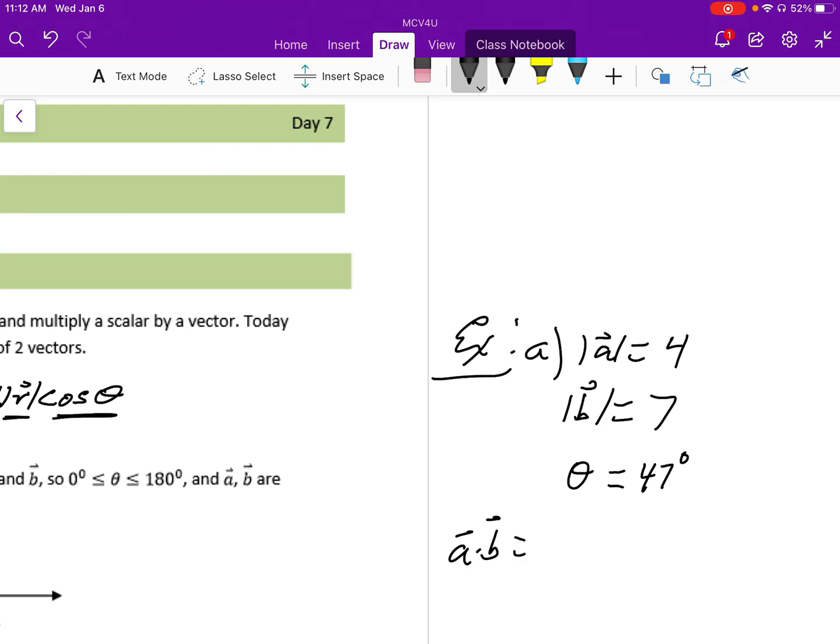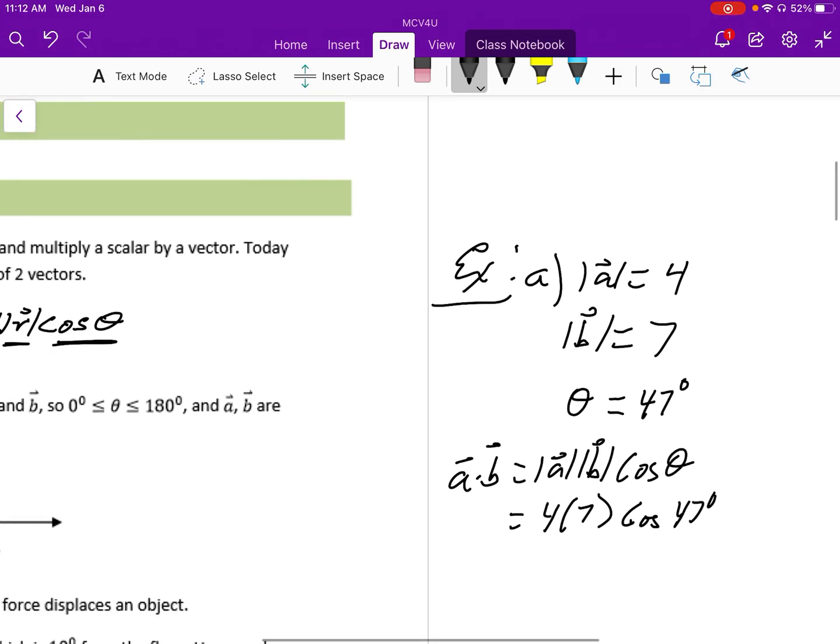So you've got the product of the magnitudes times the cos of the angle between them: 4 times 7 times the cos of 47 degrees. You throw that in your calculator, and you get approximately 19.1.